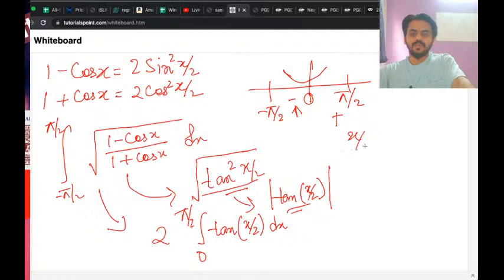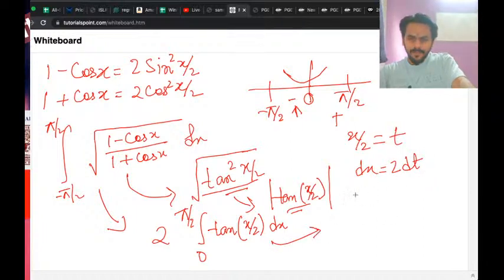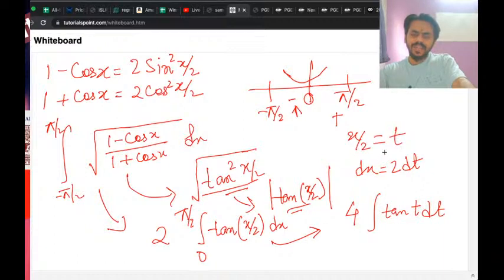If you put x by 2 as your t, so your dx will be equal to 2 dt, and this guy then will change to 2 dt, so this will be 4, and this is your tan t dt. So t is equal to x by 2, so x is 2t, and this is from 0 to pi by 4, because I have to change the limits from x to t.